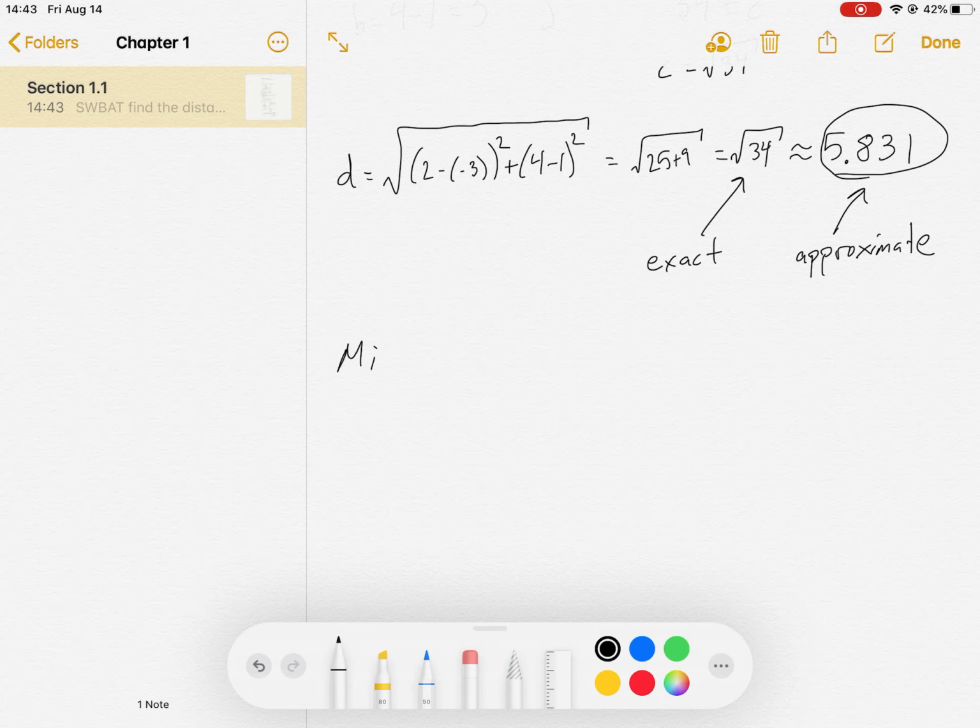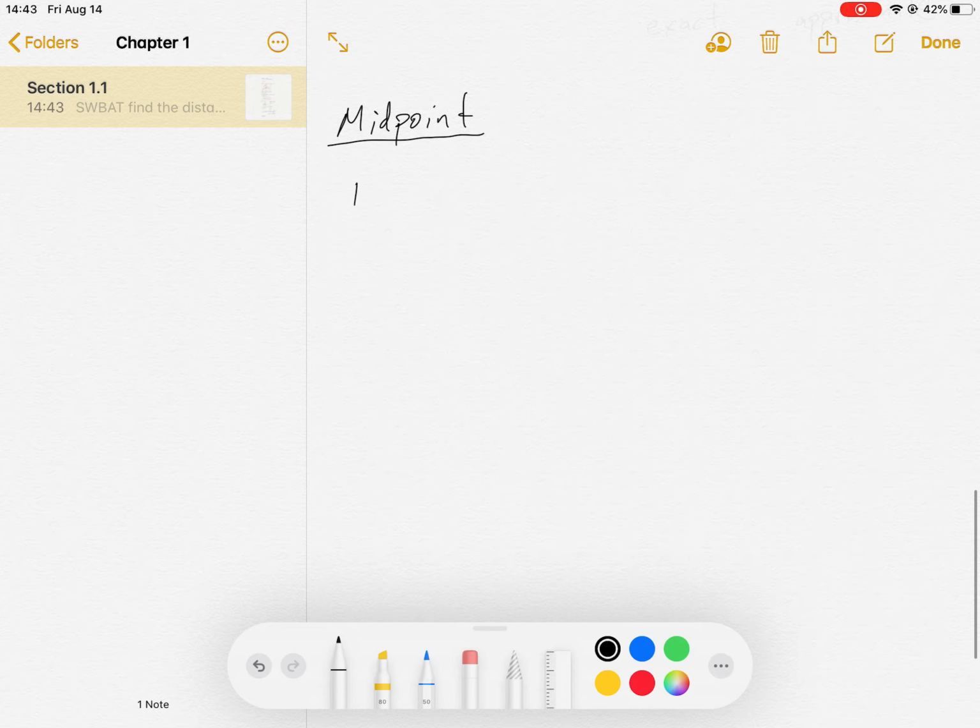Now for the midpoint, this one I'm not going to derive for you today. I'm just going to write it down.